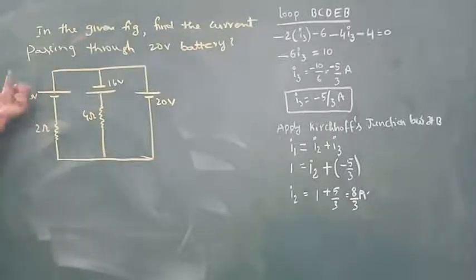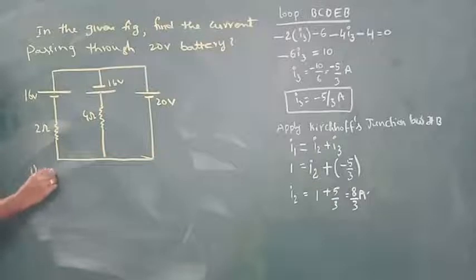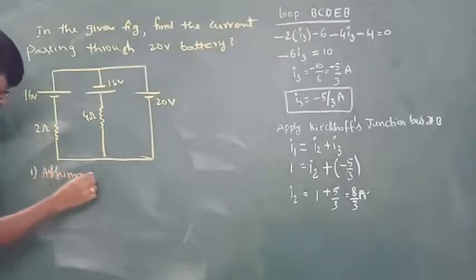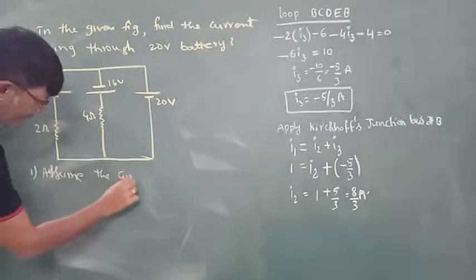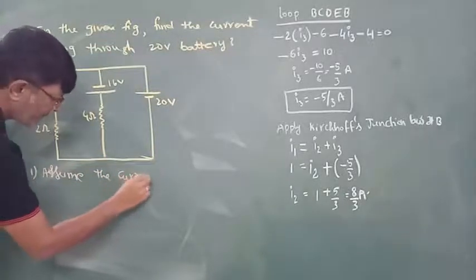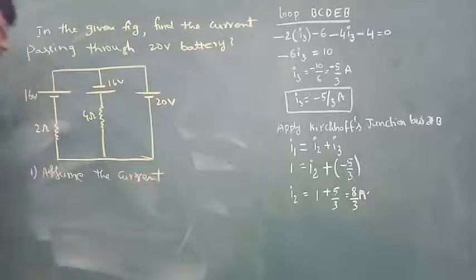In the given figure, find the current passing through the 20-volt battery. What is the first step? First step is assume the current in the different branches.